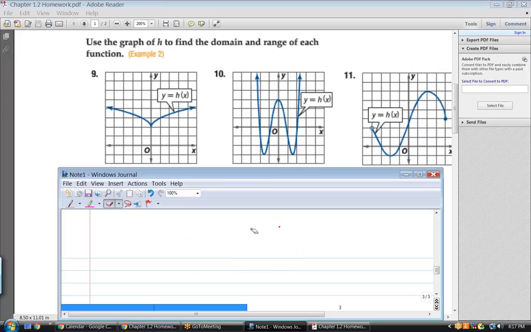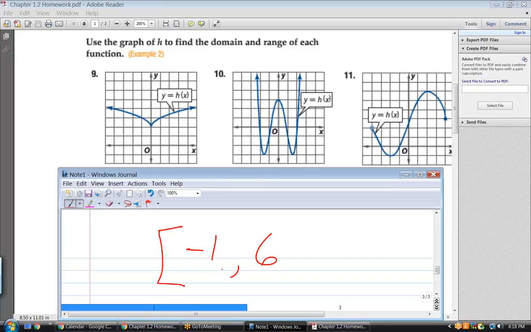Okay. What's the range on this? The lowest point I see is -1, and the highest point I see is 1, 2, 3, 4, 5, 6. The highest point is 6, I believe. Okay, what goes around each of those? Would there be a bracket since it's a negative?